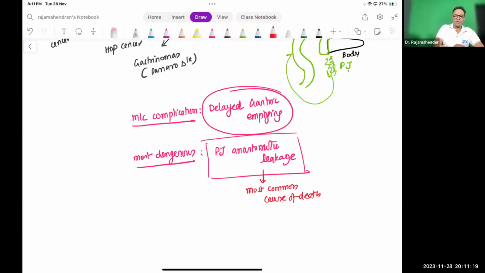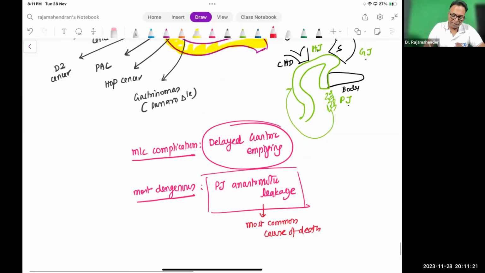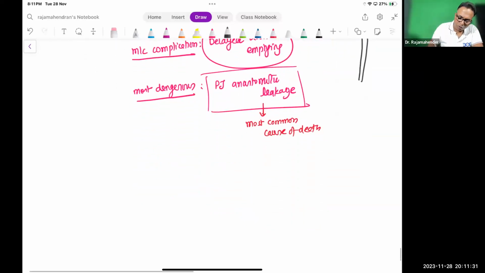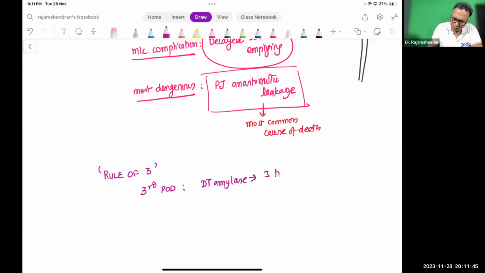Please don't forget this. And therefore, to avoid this dangerous complication, usually we keep a drain. Surgeons always keep a drain in the PJ anastomotic area. Now we have to follow the rule of 3 for the drain. On the 3rd post-op day, the drain fluid amylase is 3 times more than serum amylase.